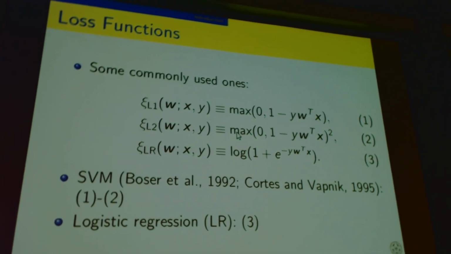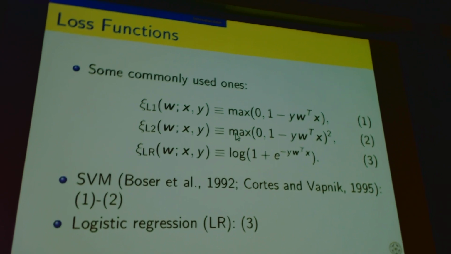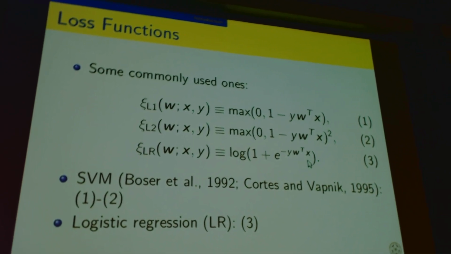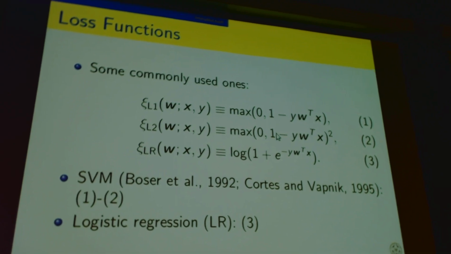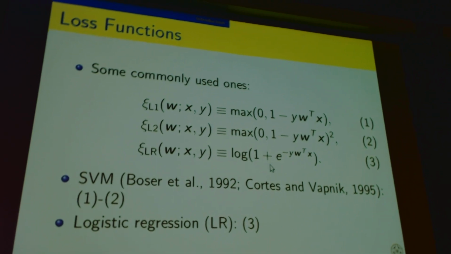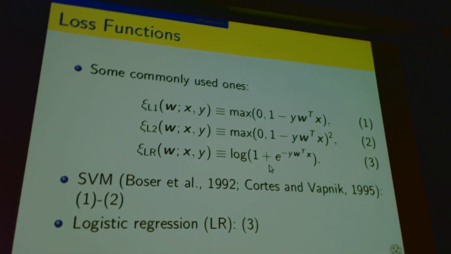The second one is called squared hinge loss, or we can call it L2 loss. That's simply the square of the first. The third one, with log and exponential, is called logistic loss. In fact, the first two are the linear support vector machines, and the third one is simply logistic regression.